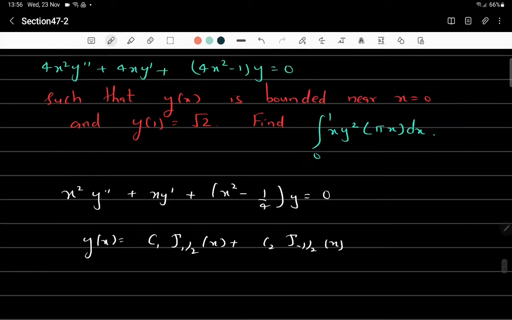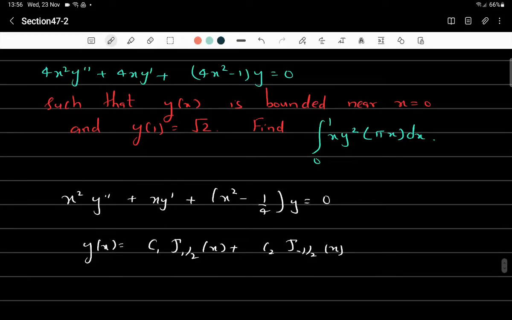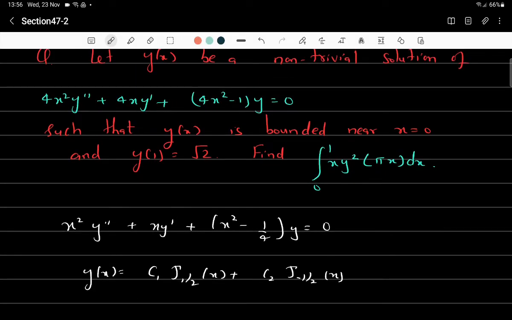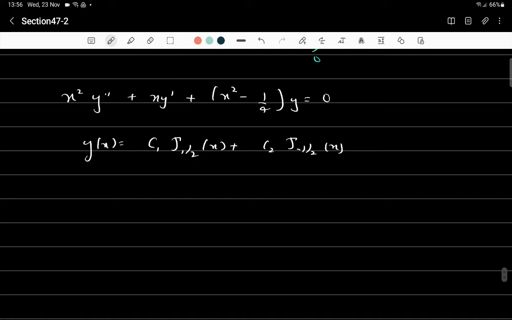Now we have been given some information. Y of x is a non-trivial solution, which is this, and it is bounded near x equal to 0. So recall that we have discussed that Jp x is bounded near x equal to 0 while J minus p x is not bounded near x equal to 0.